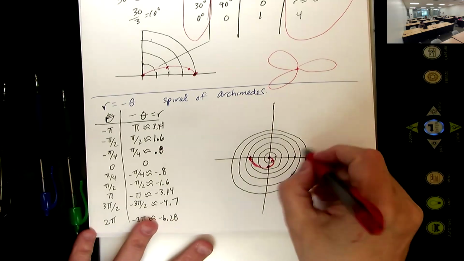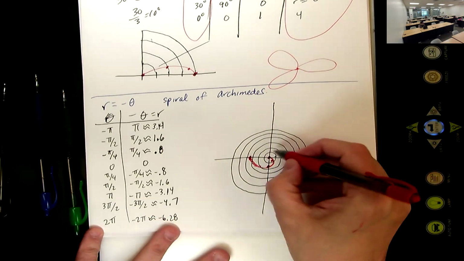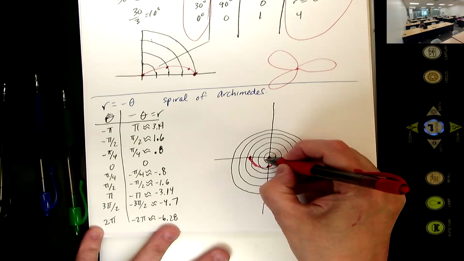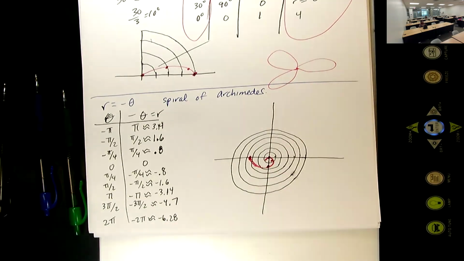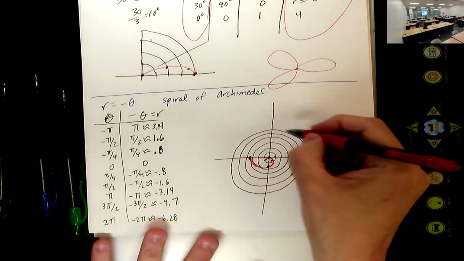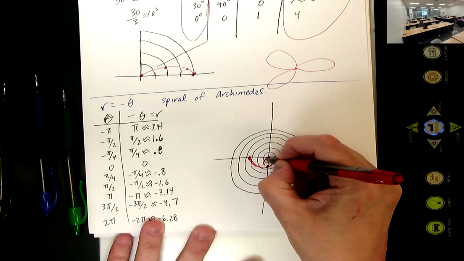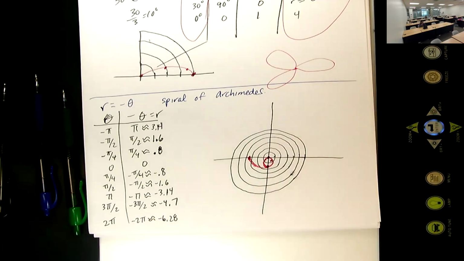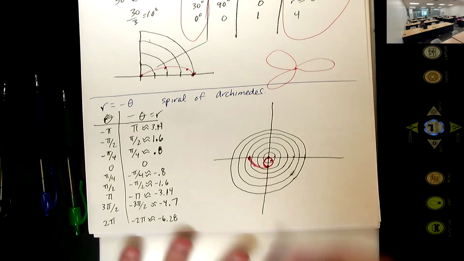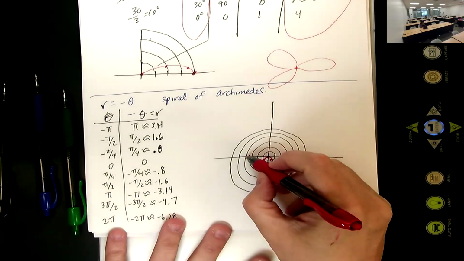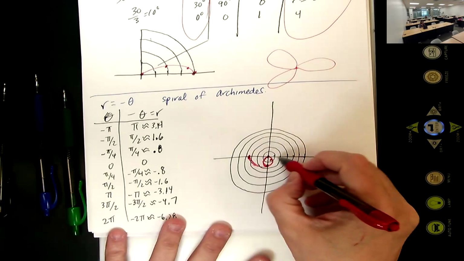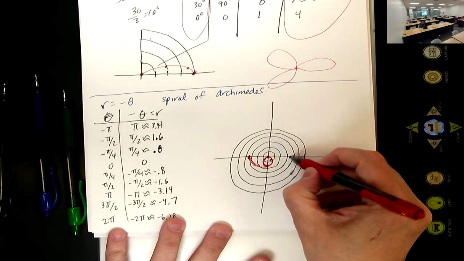So I got something doing something like this here. And when I go pi over 4, I go negative 0.8, which is backwards. When I go pi over 2, I go negative 1.6, which puts me down to where I was before. When I do pi, I'm at negative 3.14, which is the opposite side of the circle over there.